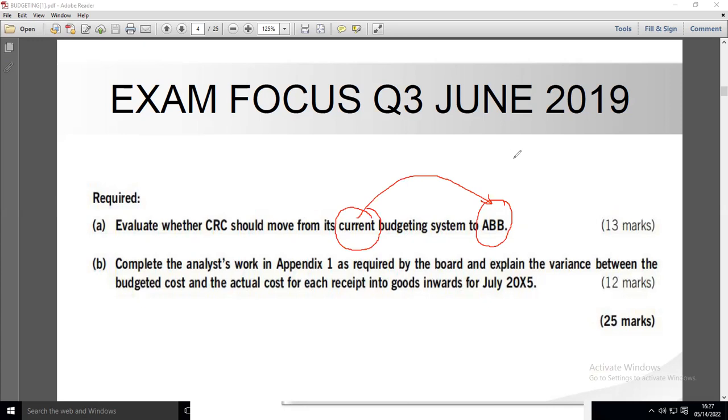Complete the analyst's work in Appendix 1 as required by the board and explain the variances between the budget costs and the actual cost for each receipt in the goods inwards for July 20X5. That is an example of the question there. You can see they're almost talking about the same thing, aren't they?